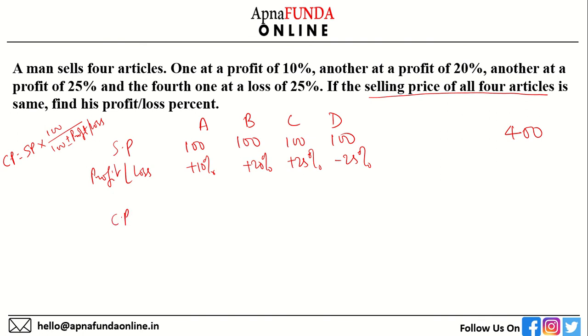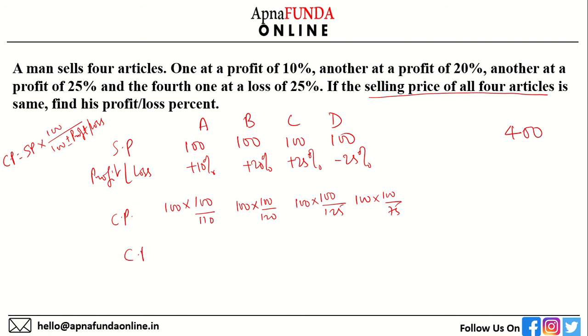So cost price in this case will be 100 into 100 by 110, in this case 100 into 100 by 120, in this case 100 into 100 by 125, and in the last case it will be 100 into 100 by 75.